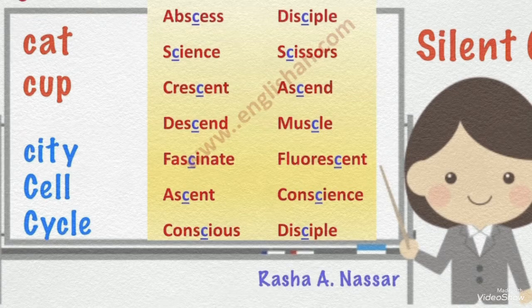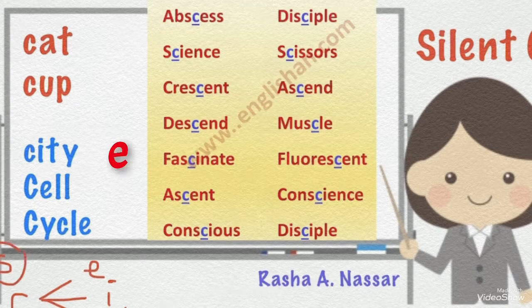So here I can read letter C as hard C, cat, or cup. Or I can read here letter C as soft C. Do you remember, my dear students, when I have letter C, which is followed by letter E, or letter I, or letter Y, I will read it as S. Do you remember this rule? Yes, here I have city, cell, and cycle. Why?